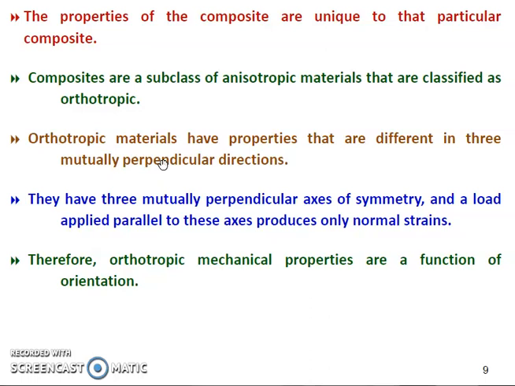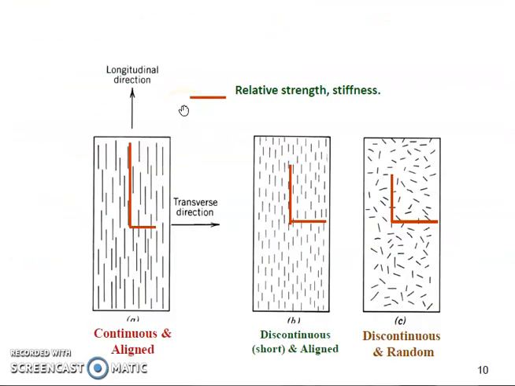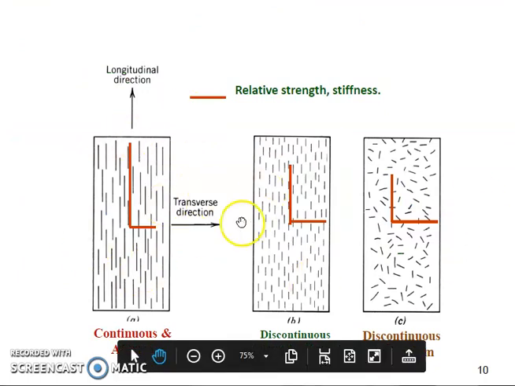In alloys, we call it isotropic material. In an orthotropic material, if you take the X direction the strength will vary, and in the Y direction another strength will vary. In an isotropic material, a single direction gives you the tensile strength. As I discussed previously: continuous, discontinuous, and random.